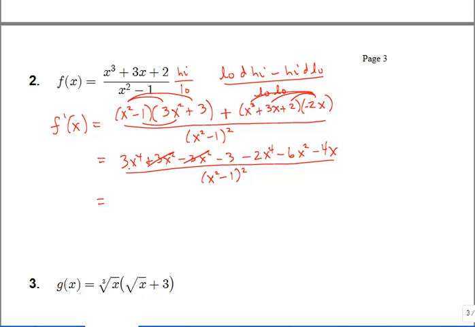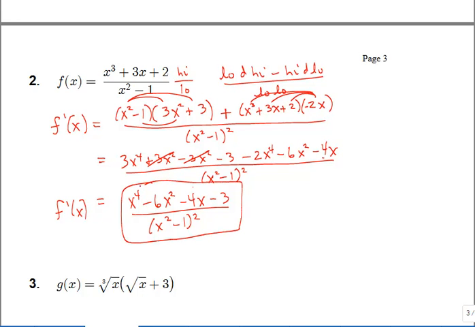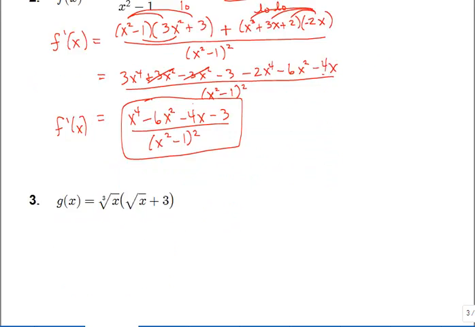I have a 3x to the 4th minus a 2x to the 4th, which is just x to the 4th. And then I'll have that minus 6x squared still there. I'll still have my minus 4x still there, and I have my minus 3. So there's what my numerator looks like, and here's sort of my cleaned up derivative. Okay?